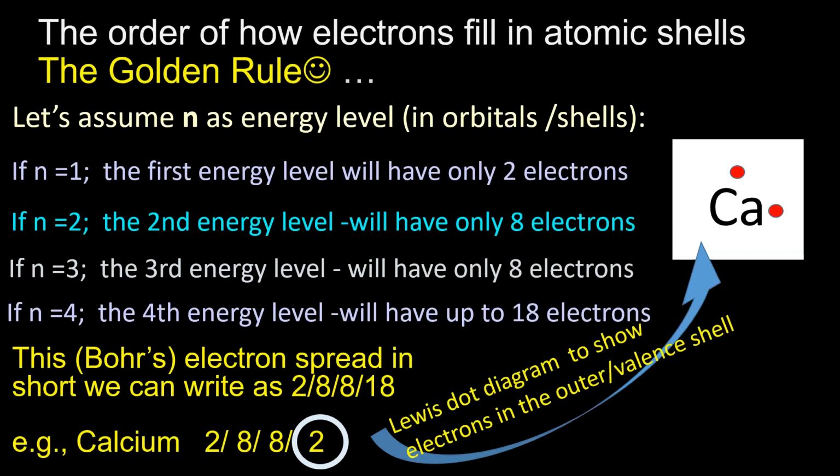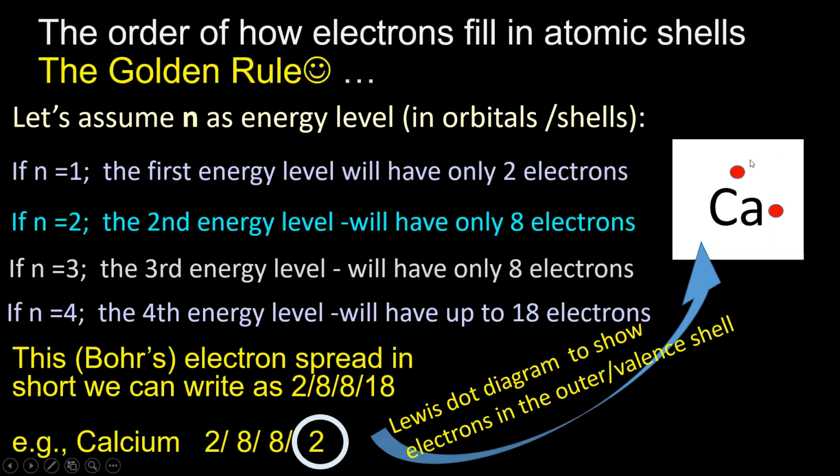As I said earlier, all of these elements except those in the inert gas group, group 8, are not stabilized. To stabilize, in the case of calcium, it has 2 electrons in its outer shell, so it can give these 2 electrons to another element, or it can get 6 from another element.